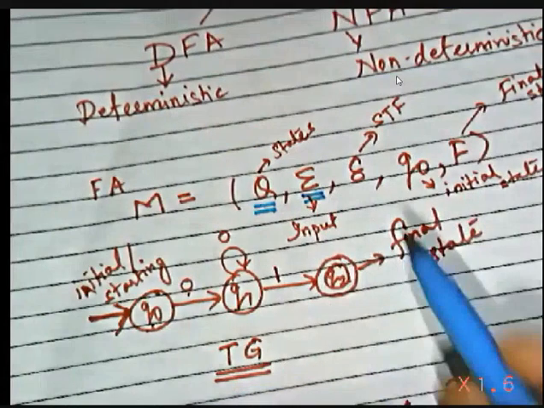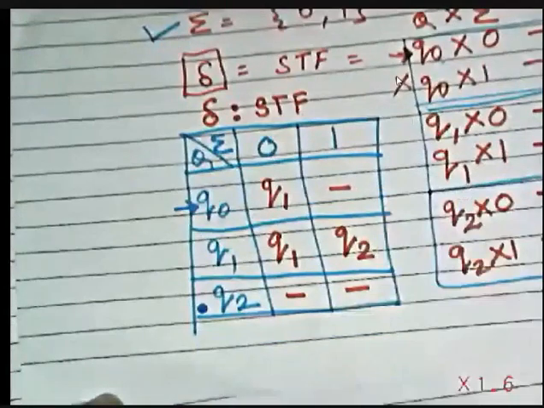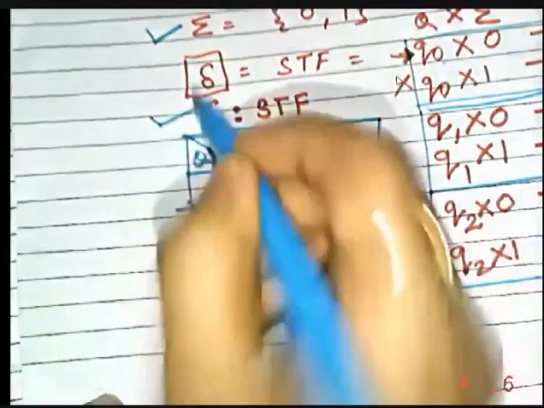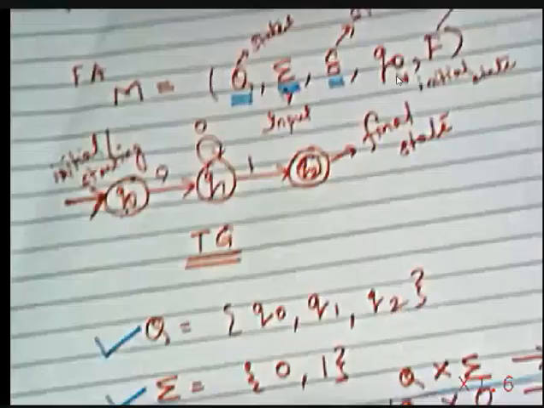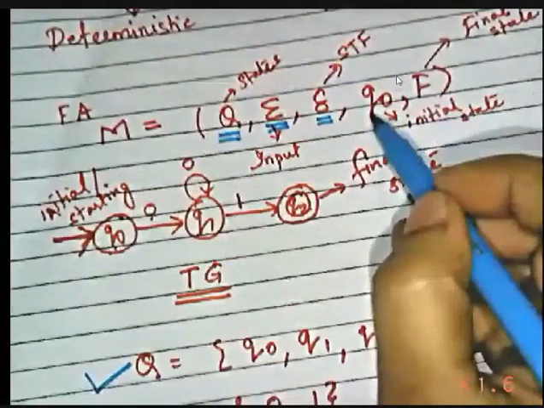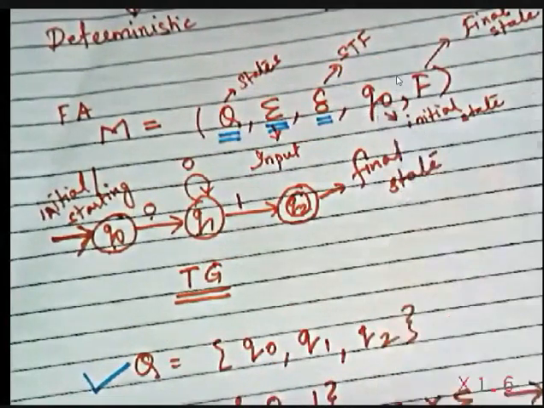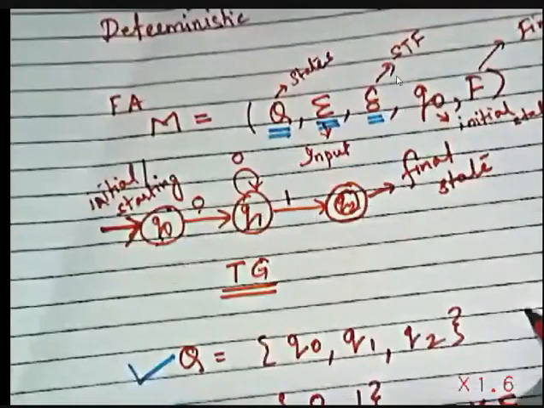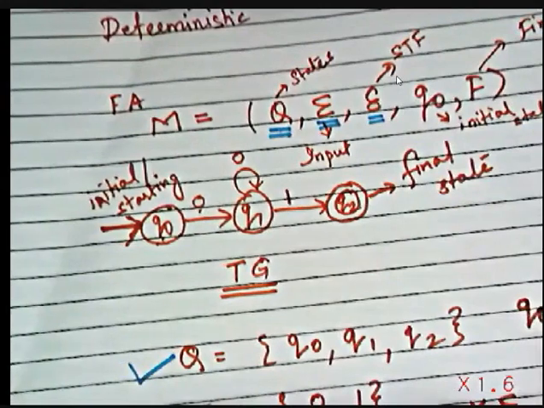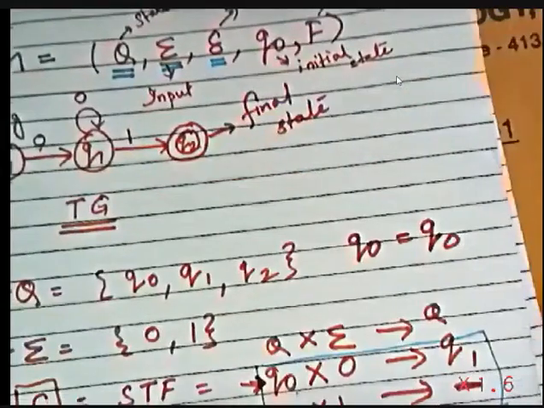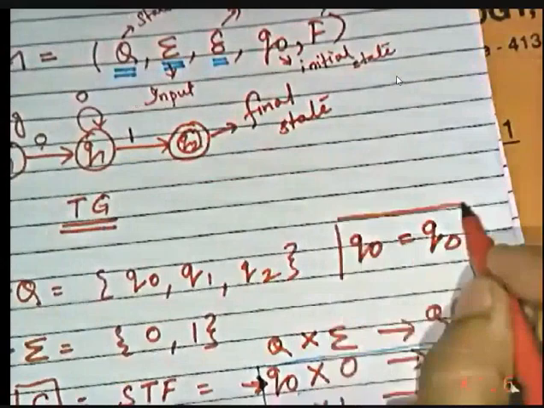Whether I know this delta function, just now we have drawn this delta function, right? Now next is the Q0. So in this finite automata, my Q0 has the same name, Q0. My initial state is Q0.